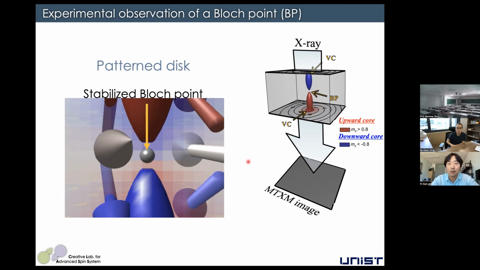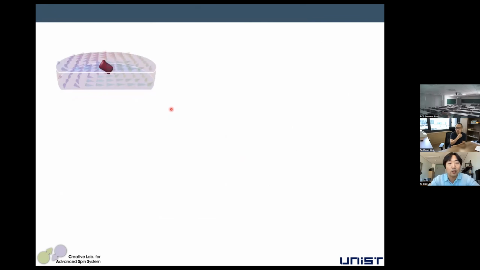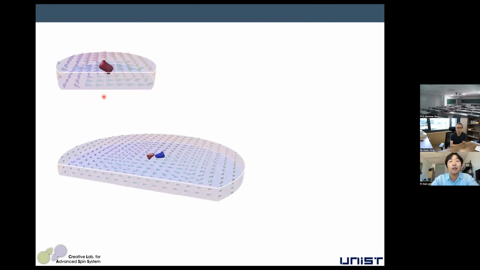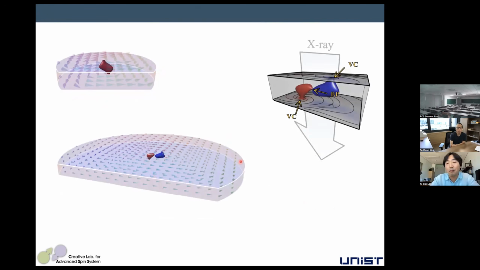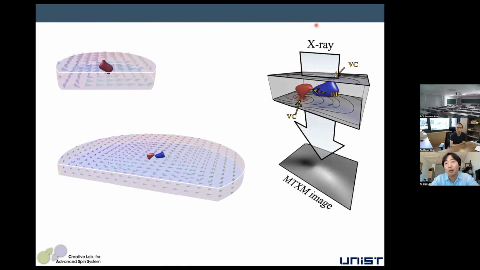So we change the structure like this. We form an asymmetric disk system, and then we twist the vortex core structures. So you can see some elongation of the vortex core structure. If we form up and down core structures like this, then you can measure them by using our MCD techniques.